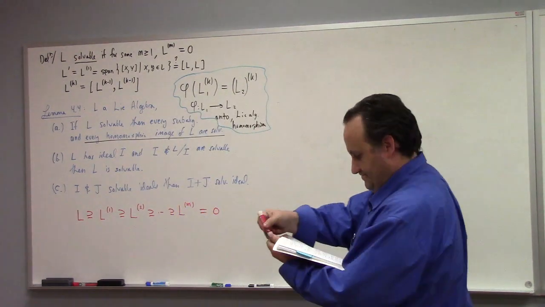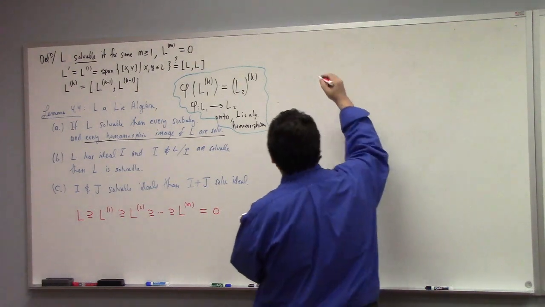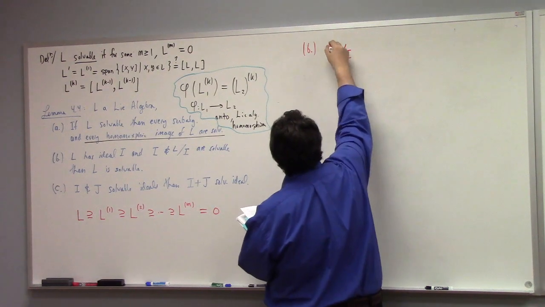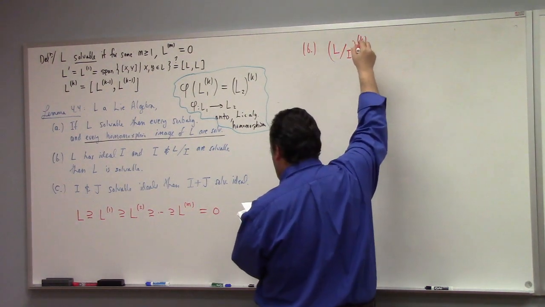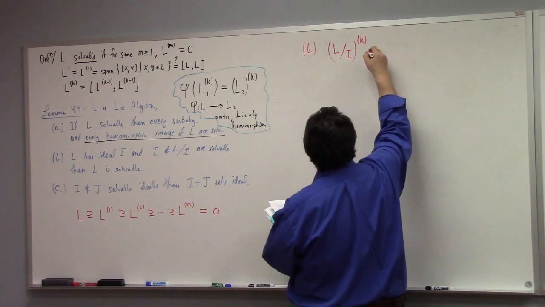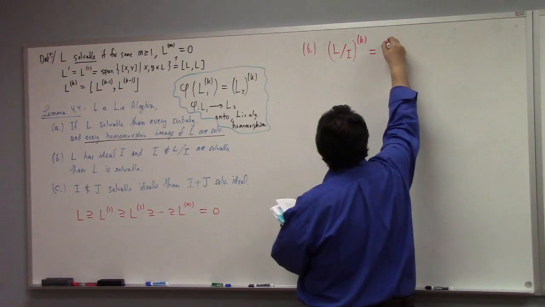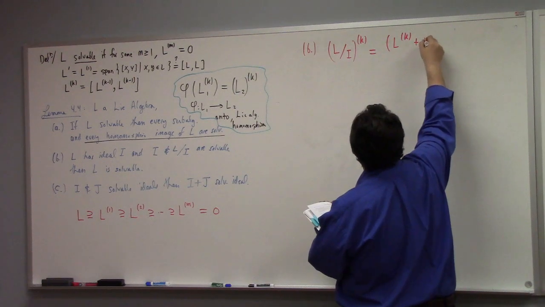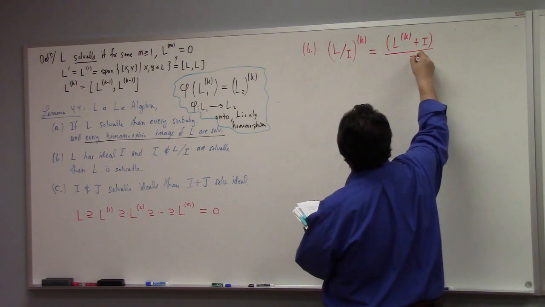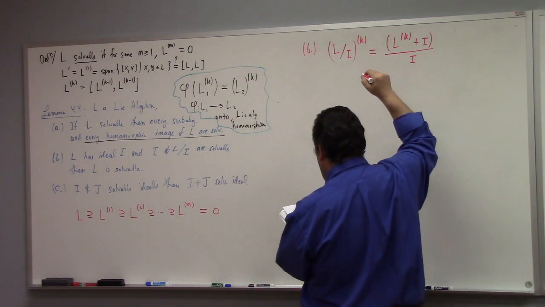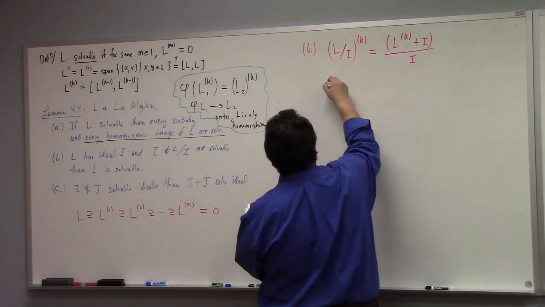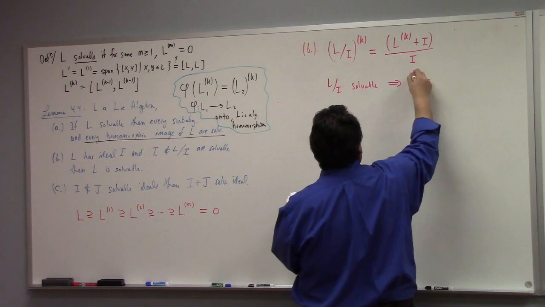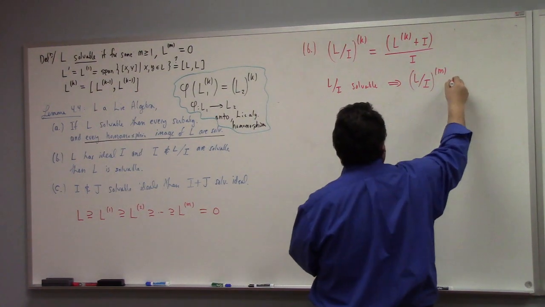All right, so for part B, he points out if we look at L mod I, the kth derived series of that, you can show that that's equal to the quotient of the kth derived series of L plus I, mod I. So he says if L mod I is solvable, that implies, of course, for some m, the mth derived series is equal to 0, right?